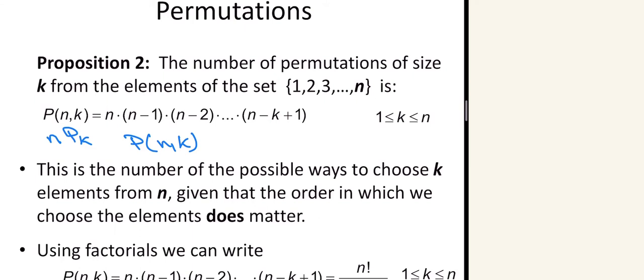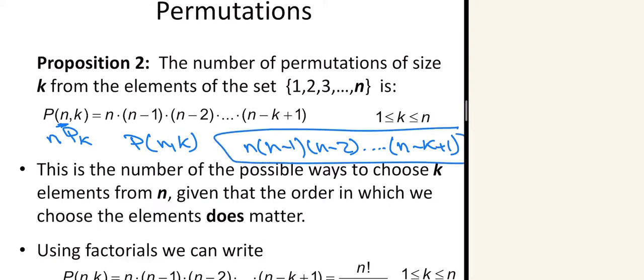We start with n times n minus 1 times n minus 2, and so on, up to n minus k plus 1, without a denominator. This is the answer.